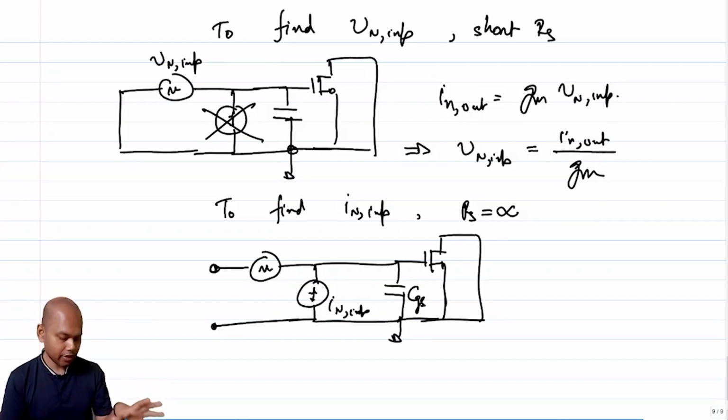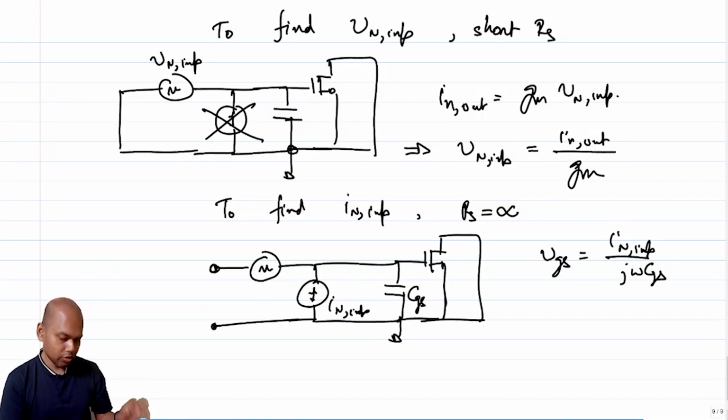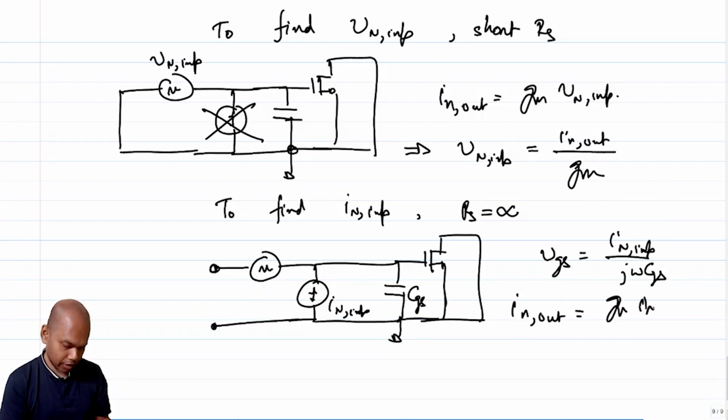The voltage it develops, VGS, is essentially In INP by j omega CGS. The output current is gm times VGS, so In out is gm times In INP by j omega CGS.